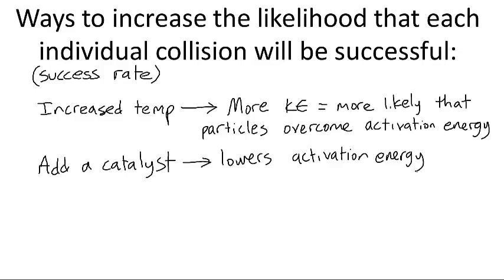It lowers the activation energy, so even at the same temperature, more of the collisions will be able to overcome it. But it also can, in the case of enzymes, actually address the orientation issue and make the two molecules more likely to have the right orientation, because it really just has this little site that attracts one and a little site that attracts the other, and then it kind of folds them together.